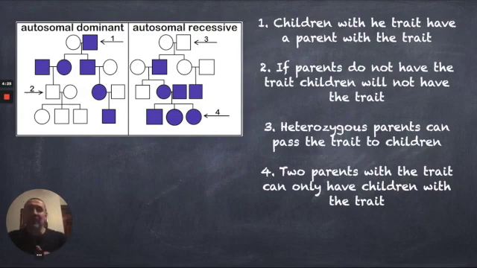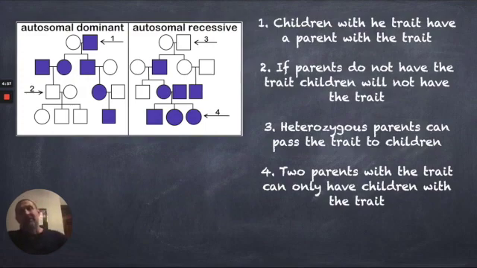All right, so if we look at the autosomal dominant example, we look at the children in the second generation here. Children with that trait are going to have parents with that trait. And then if the parents do not have the trait, well, then the children will not have the trait, because that means if the parents are both recessive, they can only pass on recessive genes.